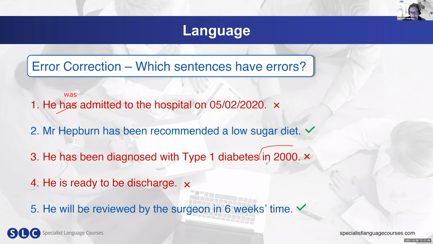Well, because we know exactly when it happened and it's finished, we need to use the past simple, not present perfect. So, "he was diagnosed with." And here's also a common mistake. "He is ready to be", and it's a passive form, so we need the past participle. "He was ready to be discharged."